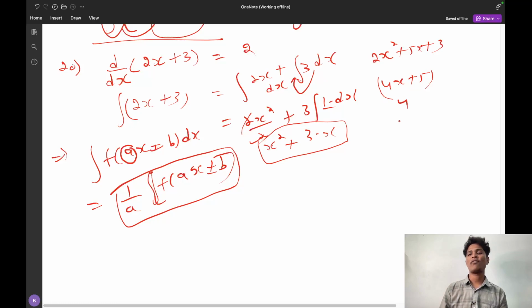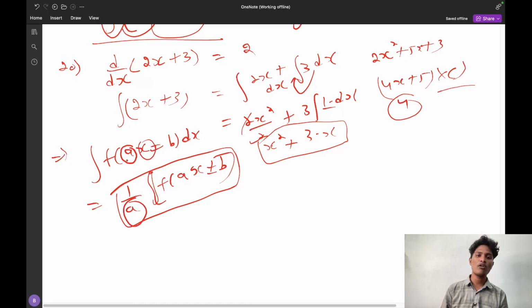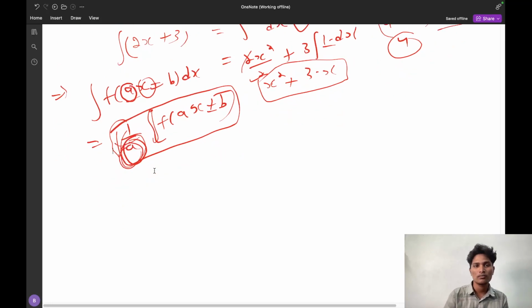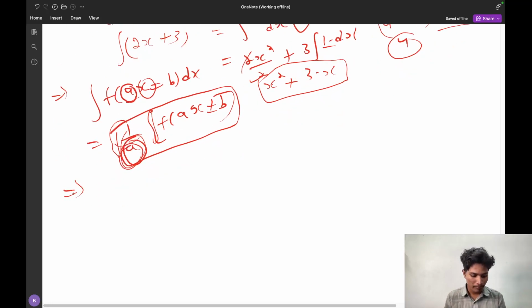And again if I differentiate, 4. So in differentiation, if there is a constant, I have to multiply, but here I have to divide. The x coefficient is what we have to divide by outside, for functions which are integrable. This is a very important thing here.